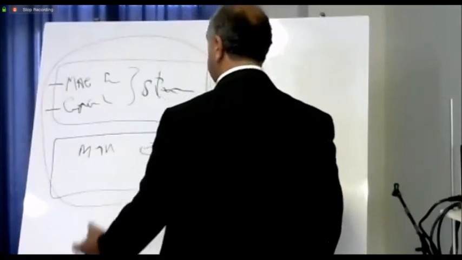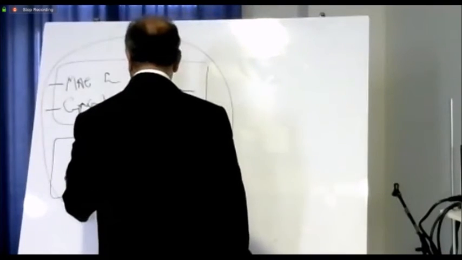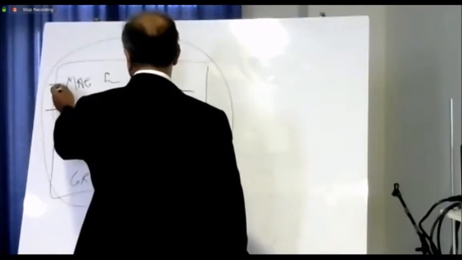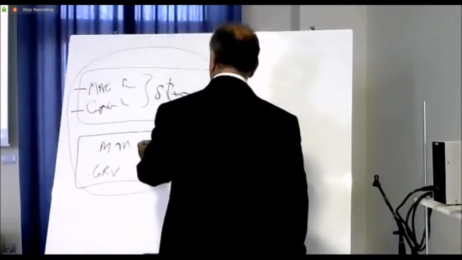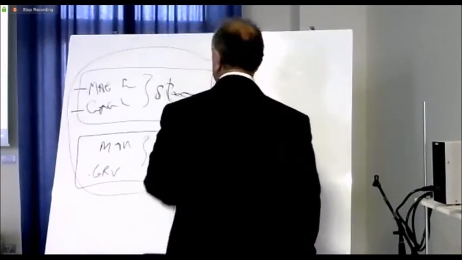How you can use one magnetical and one gravitational of one in respect to the other, or vice versa, to achieve what you want in that environment.